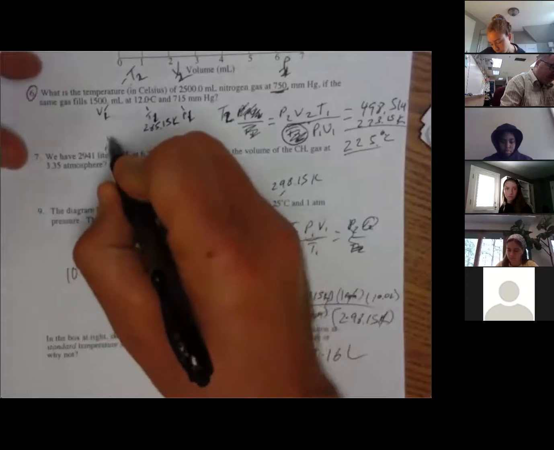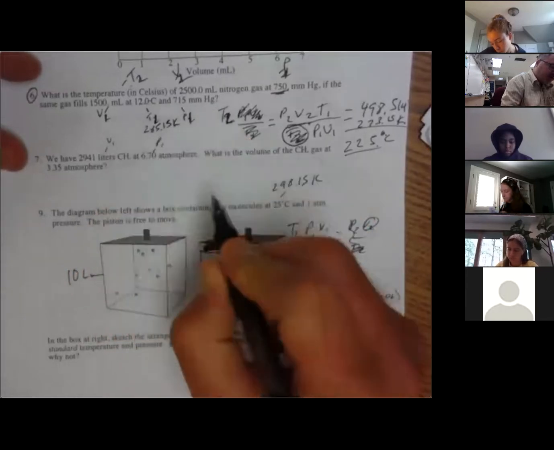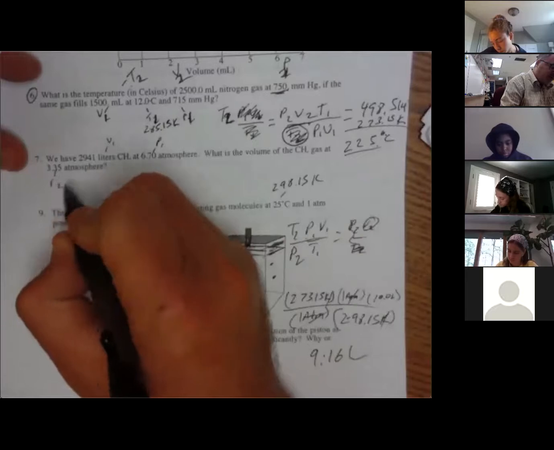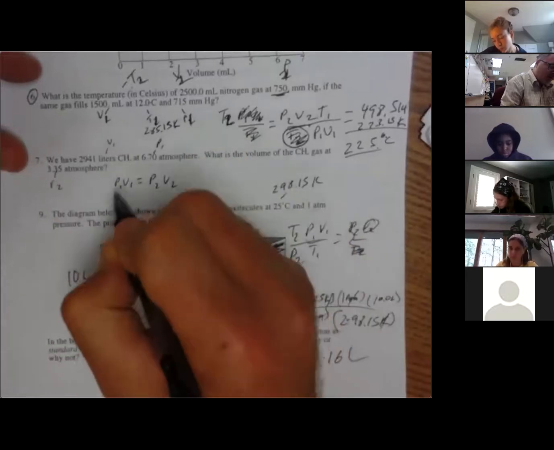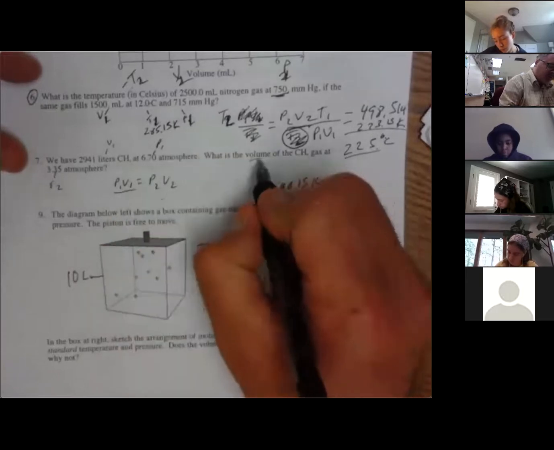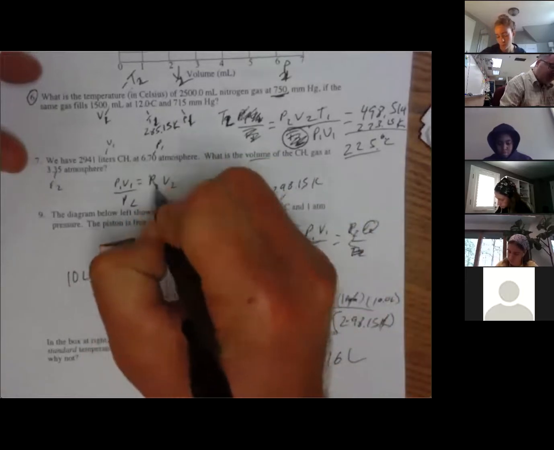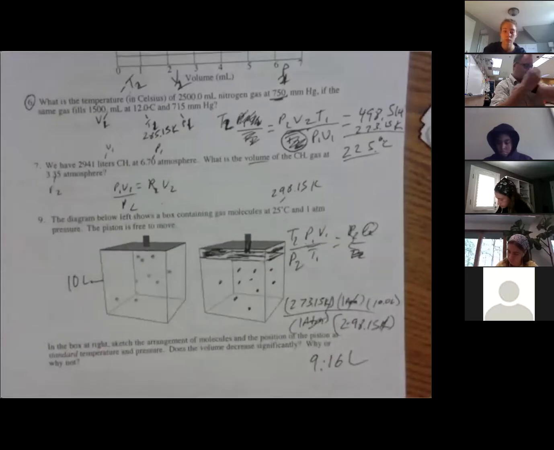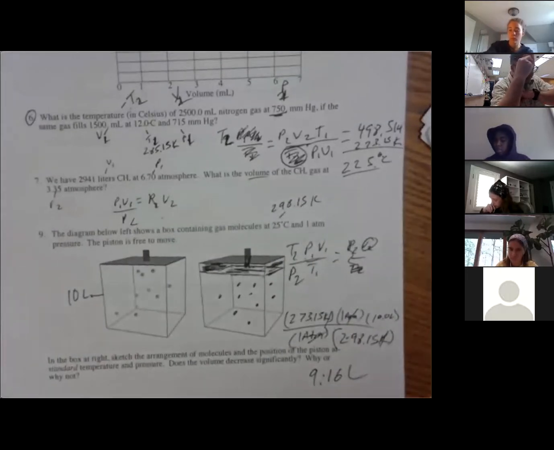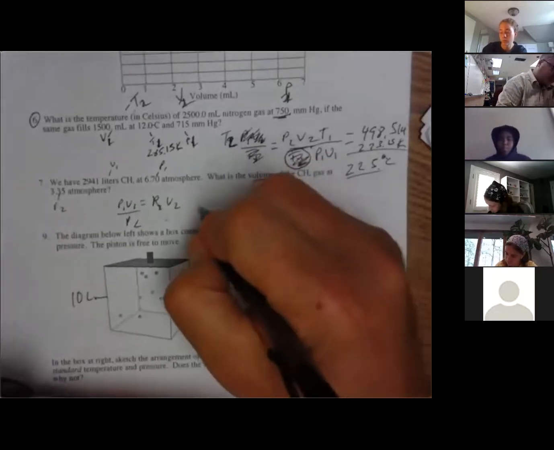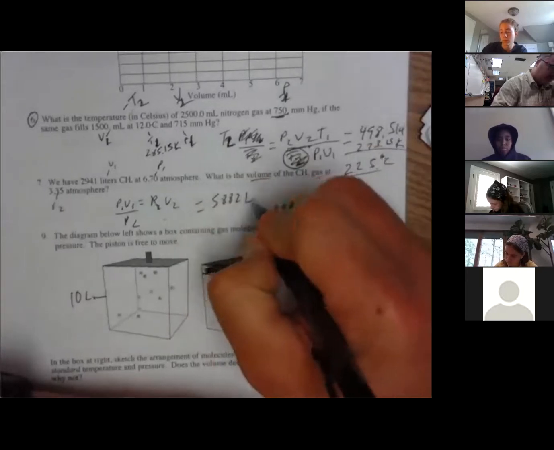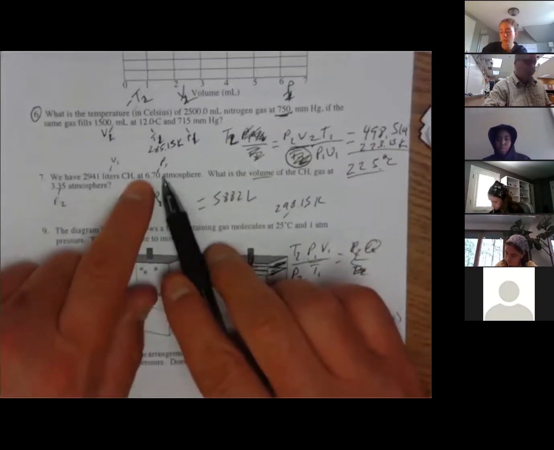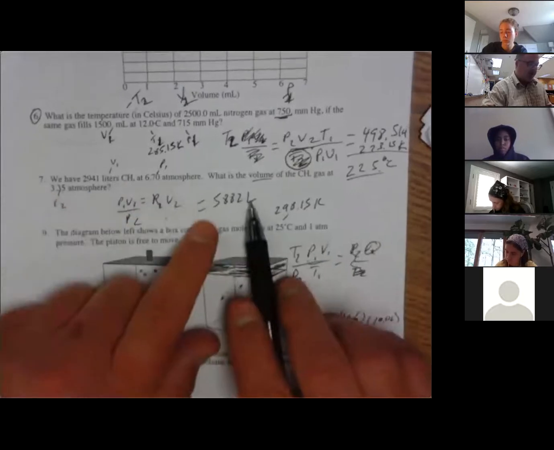So we have V1, P1, P2. P1V1 equals P2V2. We're trying to solve for V2, so we divide both sides by P2. 2,941 times 6.70 divided by 3.35. That would be 5,882. Again, the pressure went down, so the volume must have gone up.